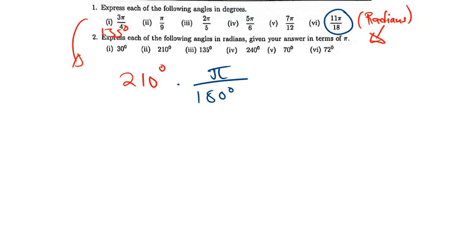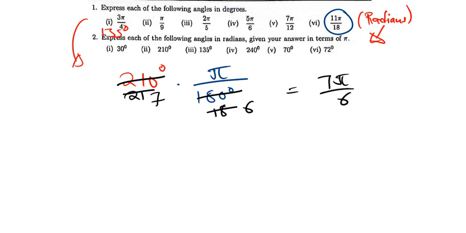In case you can't think of big values, let's think of 10. 10 into 210 is 21, and 10 into 180 is 18. 18 and 21 have a common factor of 3. 3 into 18 is 6, and 3 into 21 is 7. So we have 7 pi over 6 radians.